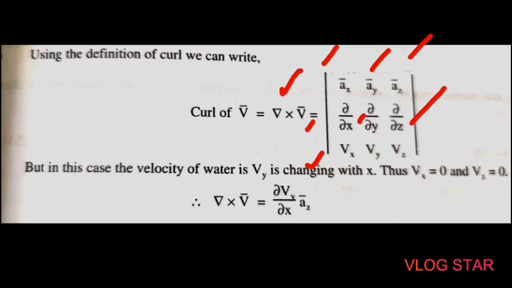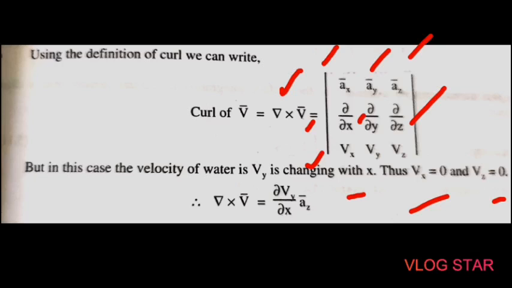In this case the velocity of water is Vy and it is changing with x. So Vx and Vz become 0. Why? Because here we have to take Vy along the y direction, so the other velocity components become 0.